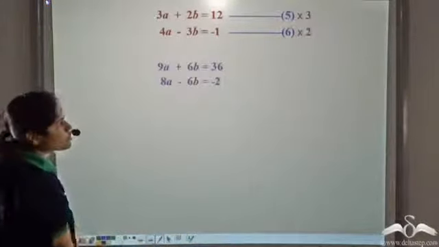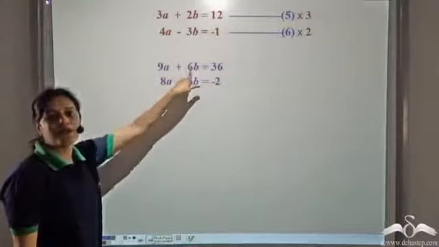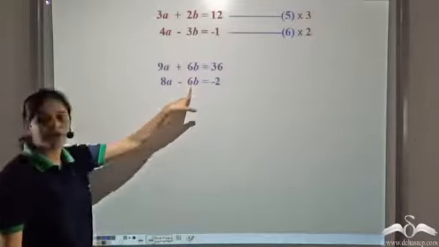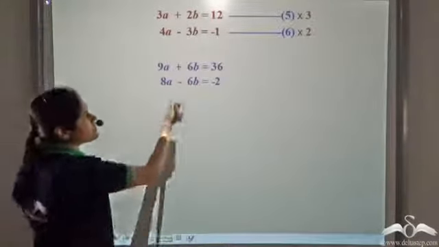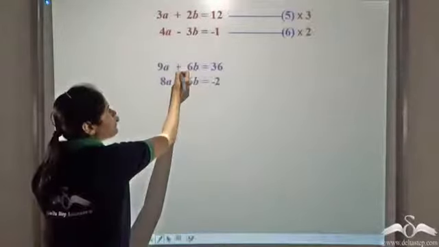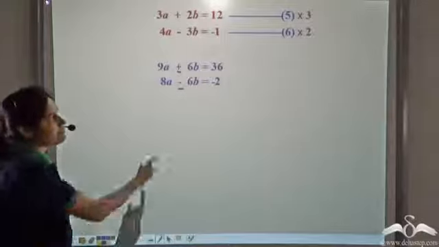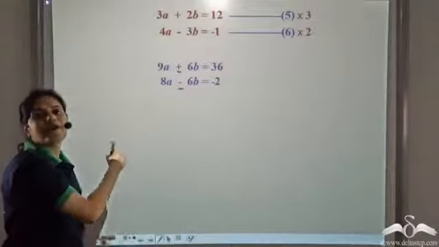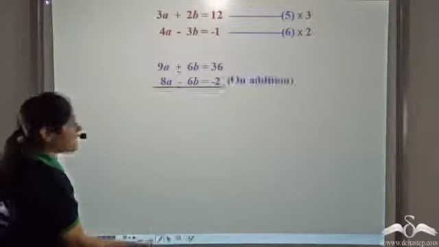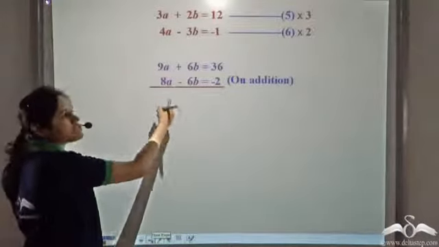So we have these two equations. Now the numerical part of b is the same in both the equations, but the signs are opposite. That is, we have a plus here, we have minus here. When we have different signs, we add the two equations. So let us add these two equations.